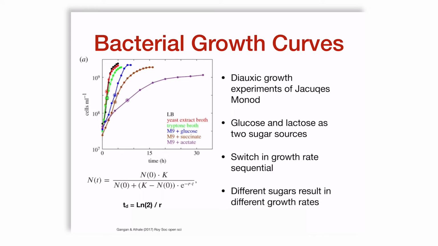Another classic fixed time point analysis is bacterial growth curves. What you're looking at here is the translated cells per ml number for a growing bacterial culture.